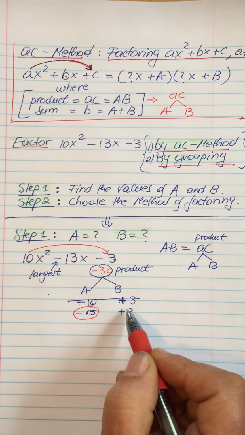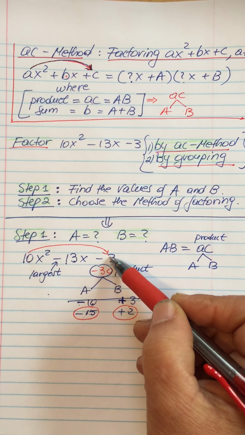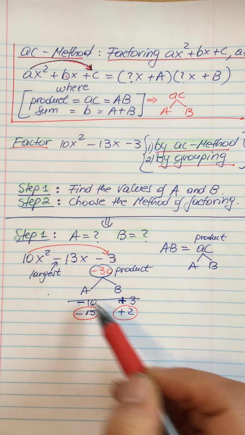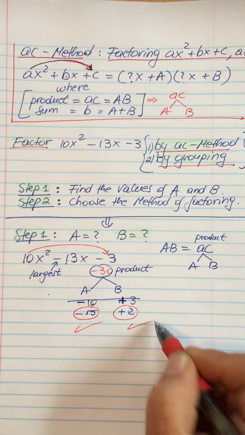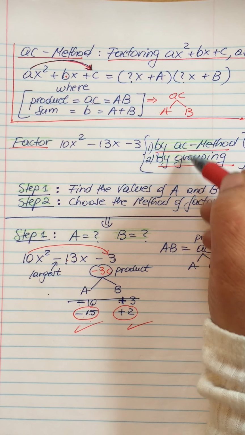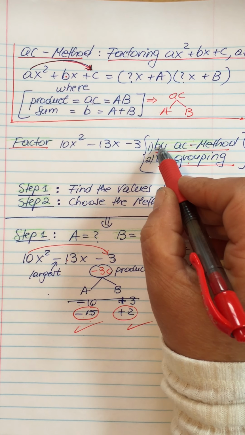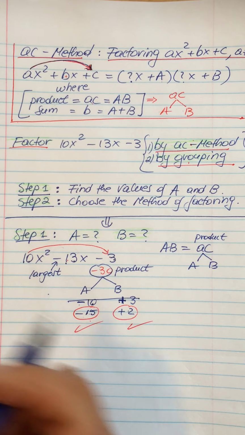Since we found those two numbers that will satisfy the product AC and the coefficient of x, that means that this is factorable. Okay? Now we have those numbers in hand, so we have to choose which method. Now I'm going to use the first method, the AC method.